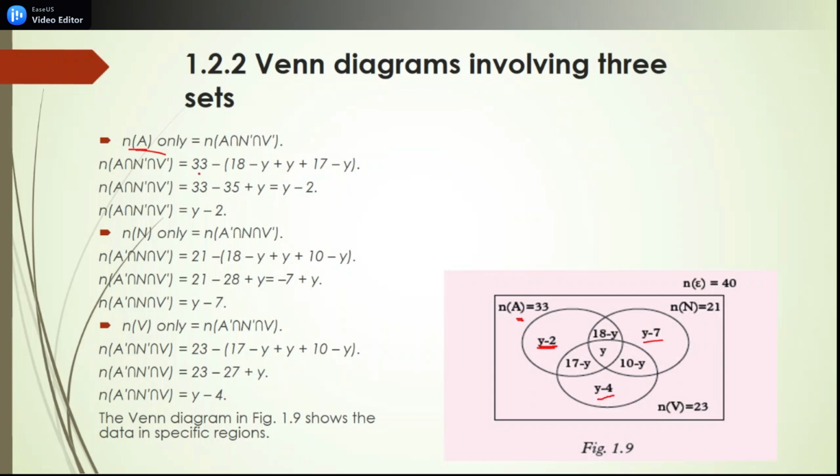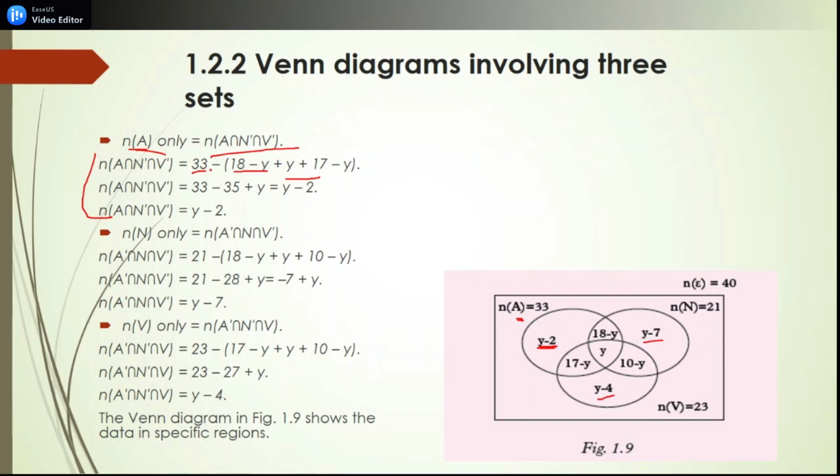From those, we calculated those values from this formula of intersection and union. It means when you write A, the number of tourists who visited A but not Nyungwe and Virunga, we take all tourists in Akagera, we subtract the intersection of Akagera and Nyungwe, we subtract also y plus 17.